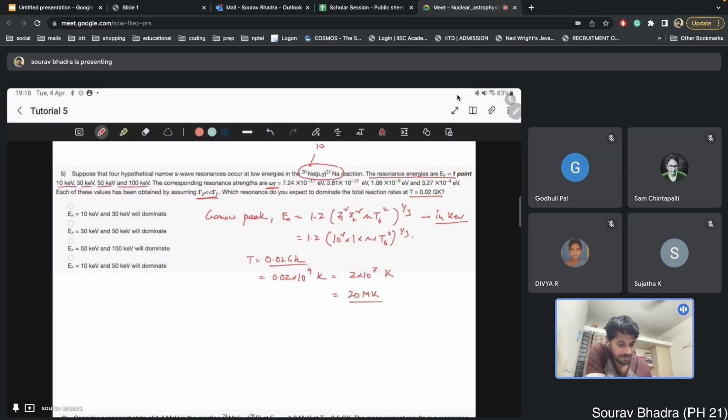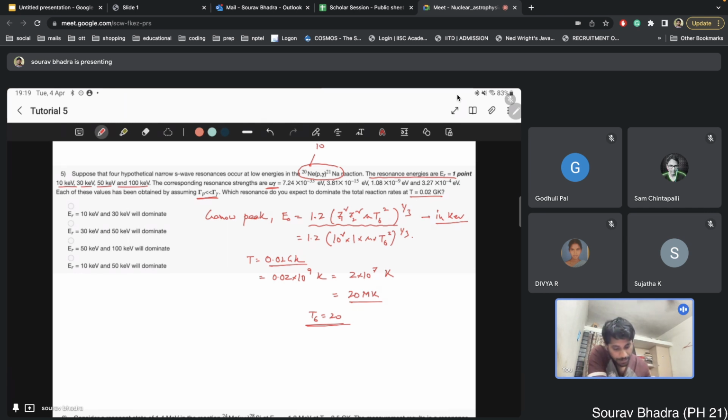So from gigakelvin we have just converted it into million Kelvin, because that is important, because we have to put the T6 in terms of million Kelvin, because this expression demands that T6. So T equals 20 million Kelvin means T6 equals 20. As the expression demands T6, we have converted our T to T6.